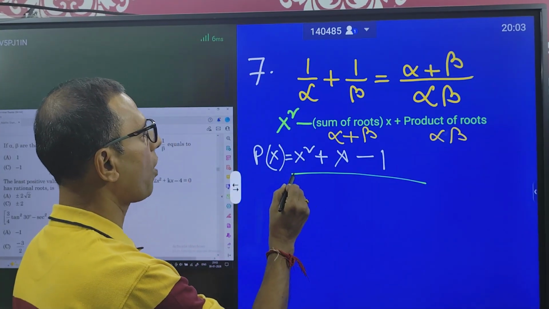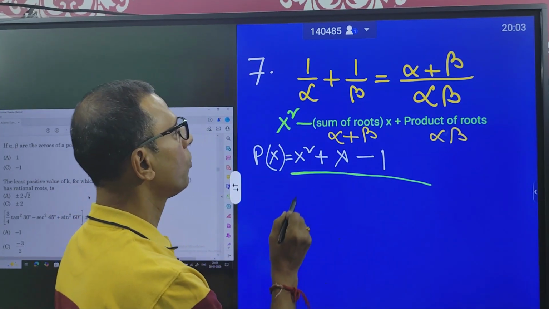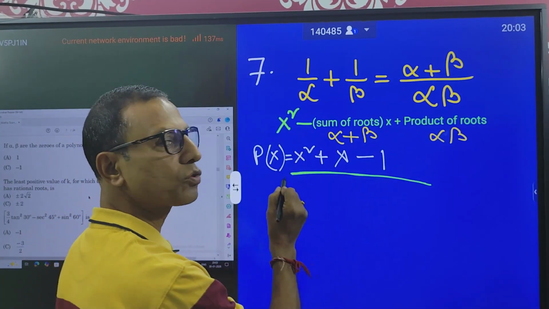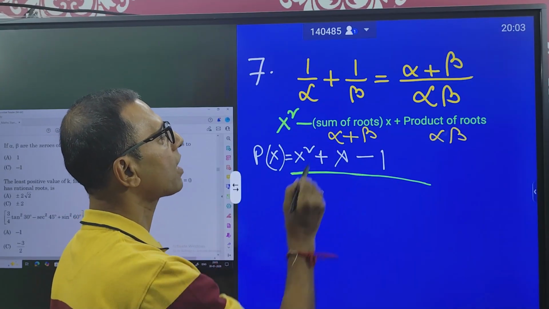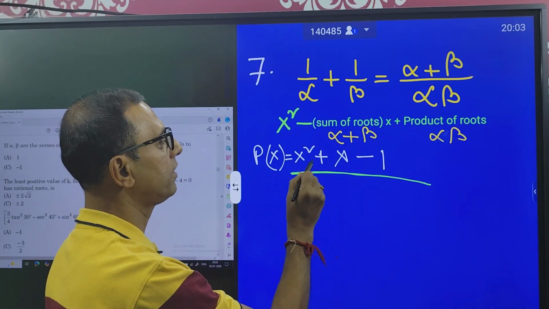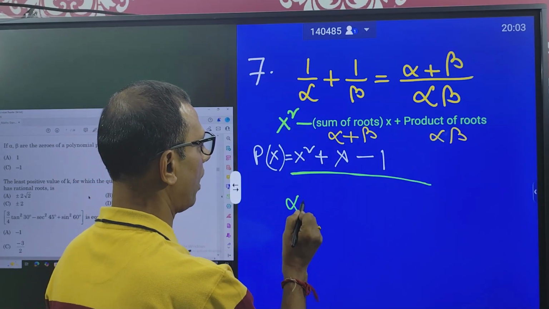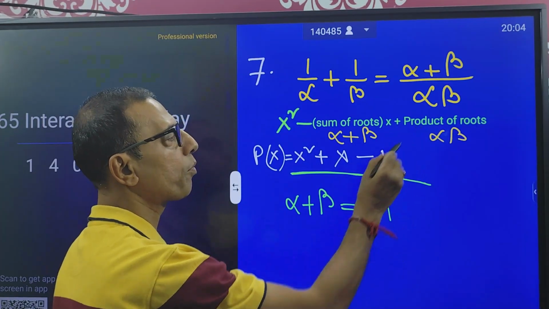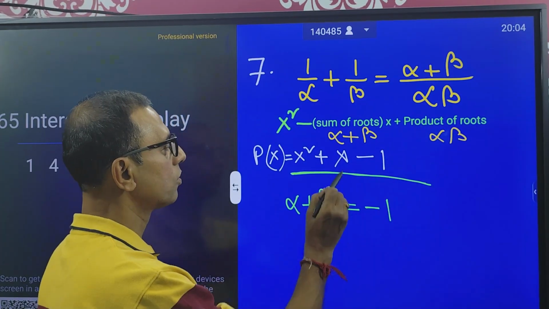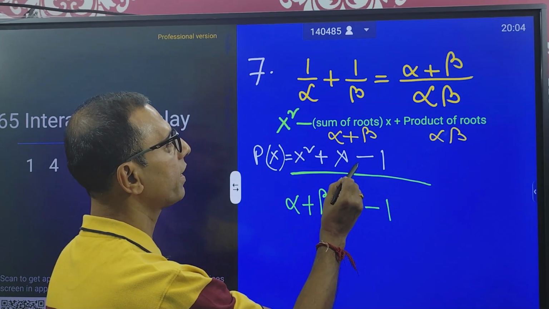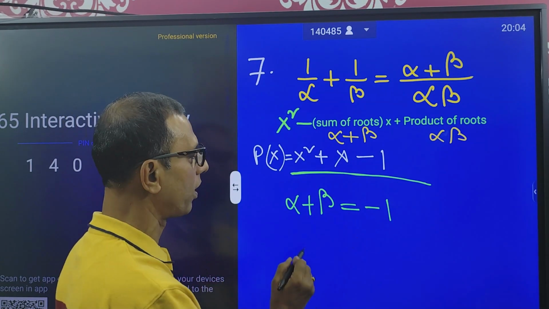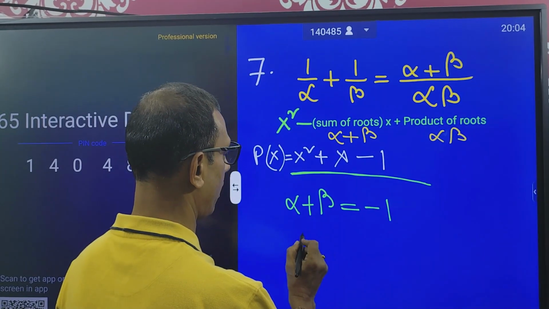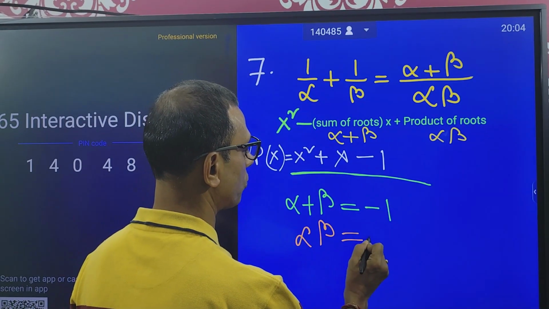Now if you compare the given equation with the standard form, in the standard form it is minus sum of roots into x, but here it is plus x, that means alpha plus beta equals minus 1. Then the product of the roots, alpha beta: it is not plus, it is minus 1. That means the value of alpha into beta is also equal to minus 1.